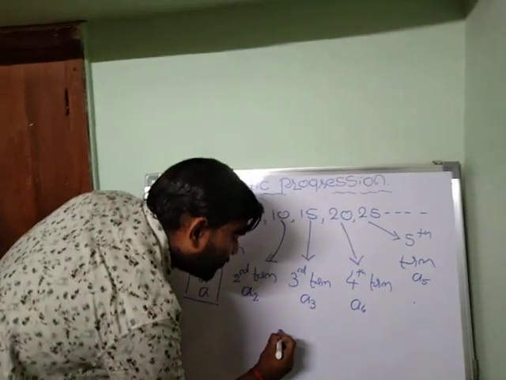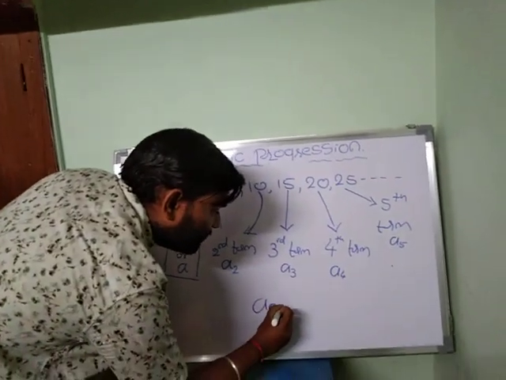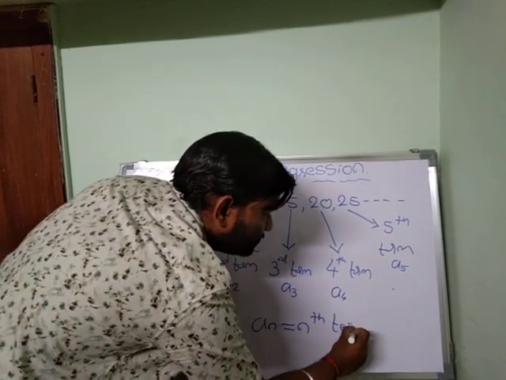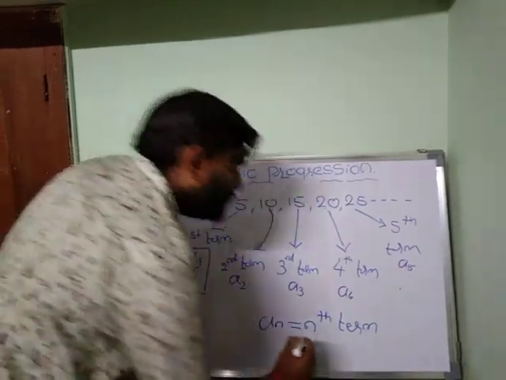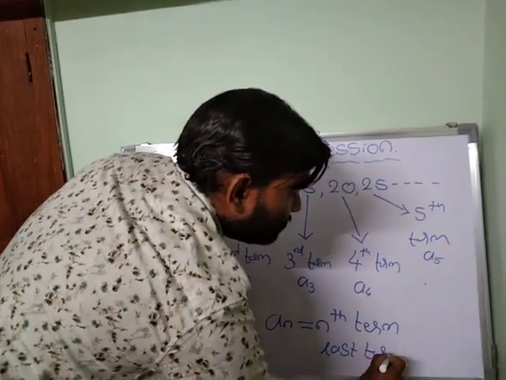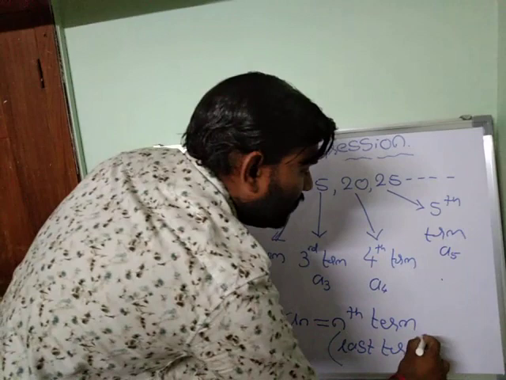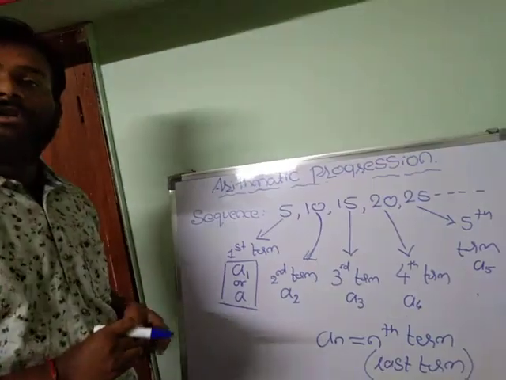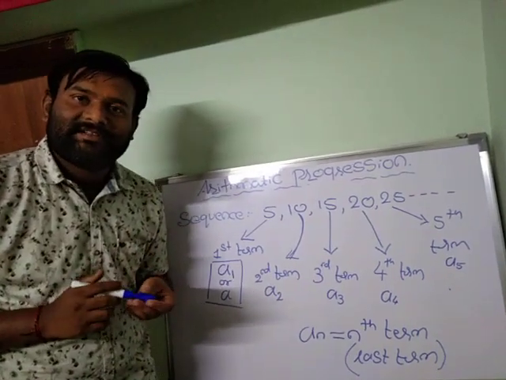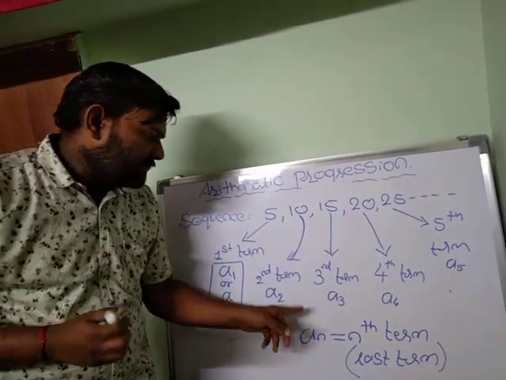That term is written as AN, which stands for the nth term or last term. The nth term or last term is itself an unknown number, so we don't know exactly, and that's why we write it as nth term.